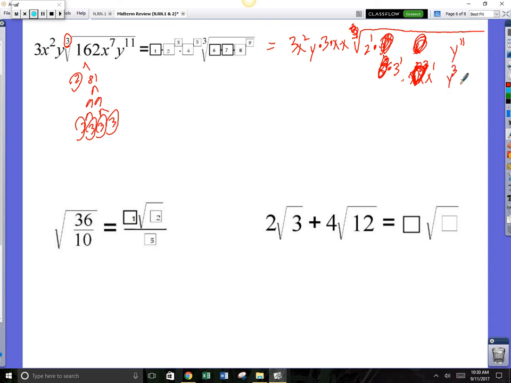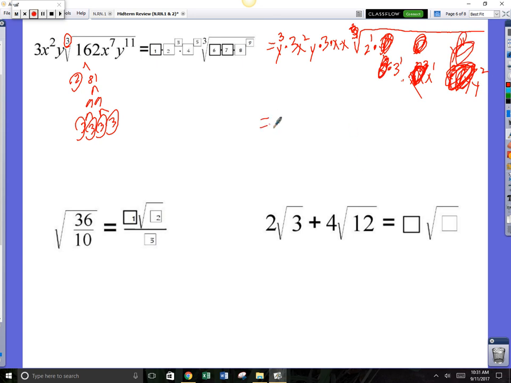So that's 3, 6, 9, and 2 left over. So this cube root undoes 3 of these cubes. So that means out here I'm going to bring 3 y's. And there's 2 left over.